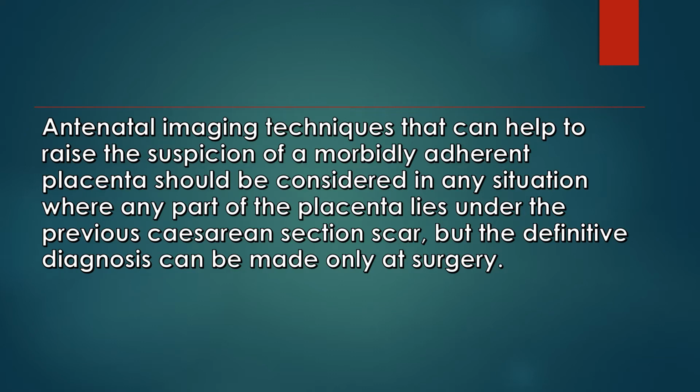Antenatal imaging techniques that can help to raise the suspicion of a morbidly adherent placenta should be considered in any situation where any part of the placenta lies under the previous cesarean section scar, but the definitive diagnosis can be made only at surgery.